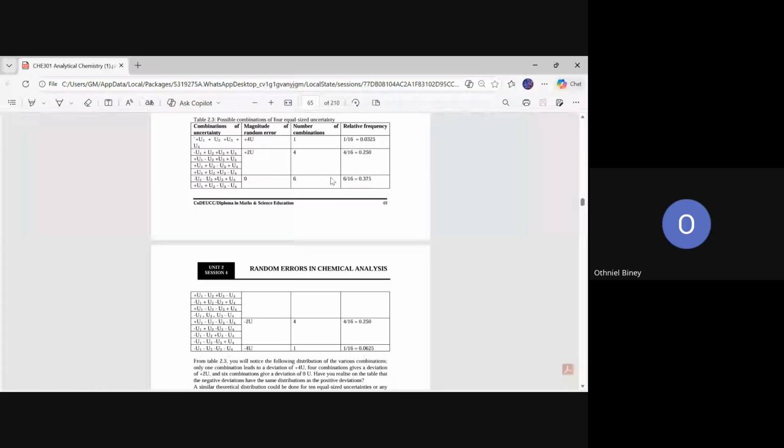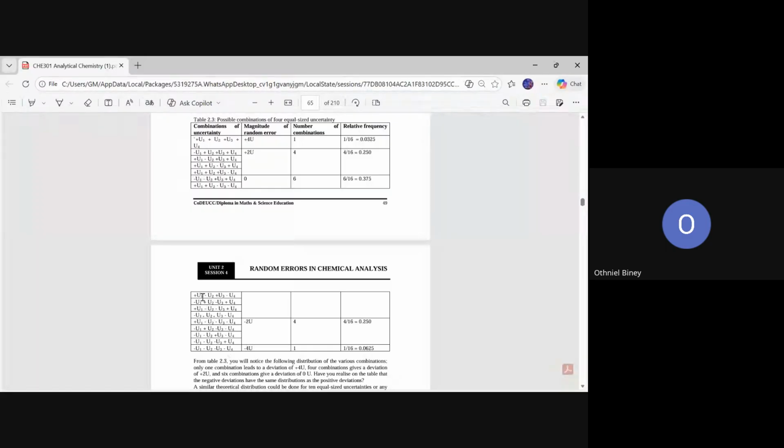And the number of combinations, just as we established, is based on how many times you can interchange the negative sign and the positive sign. So from here, this is negative U1, negative U2, positive U3, positive U4. When you come to the second one, positive U1, positive U2, negative U3, negative U4.